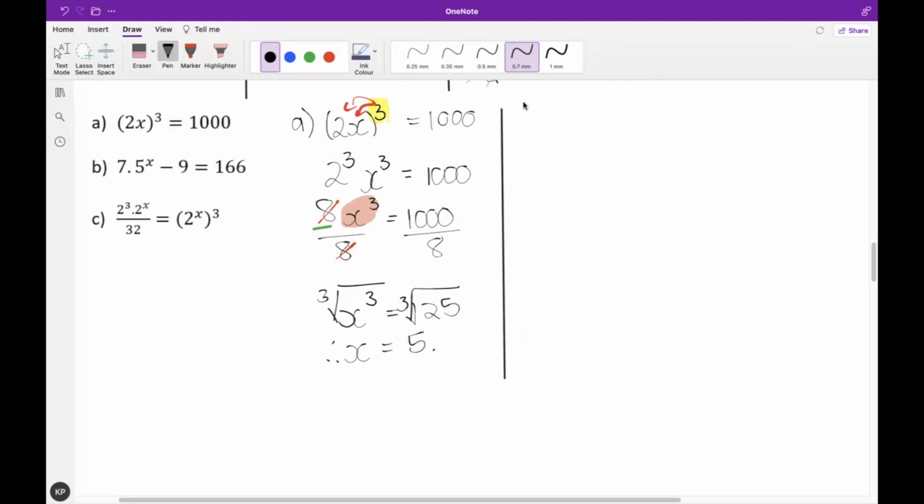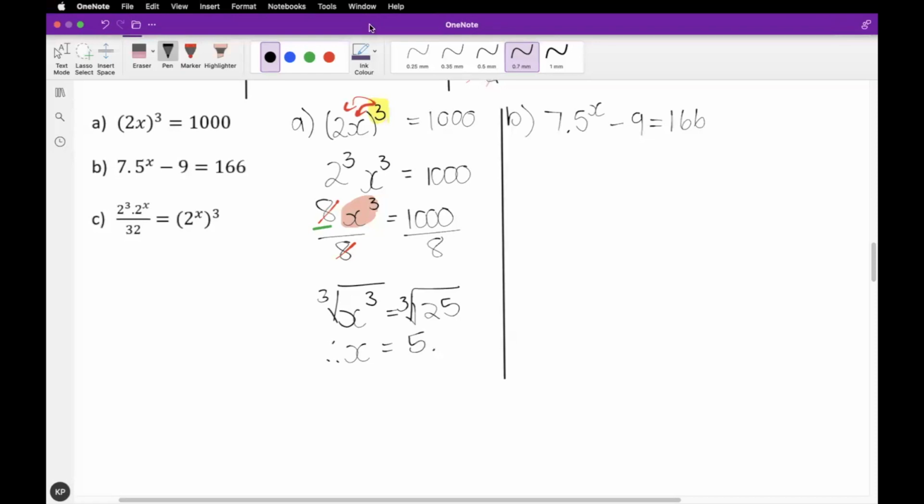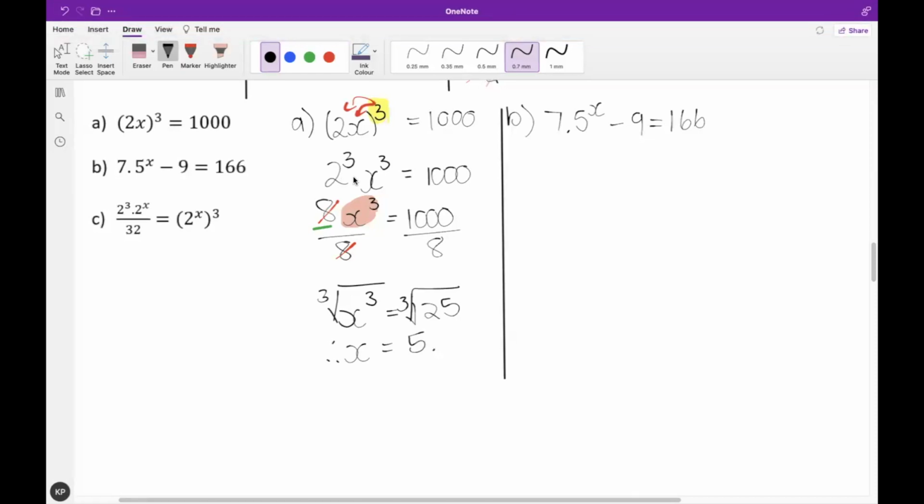Okay. B. 7.5 to the power of x minus 9 is equal to 166. So I just said, if all else fails, what do we do? You have no idea what to do.